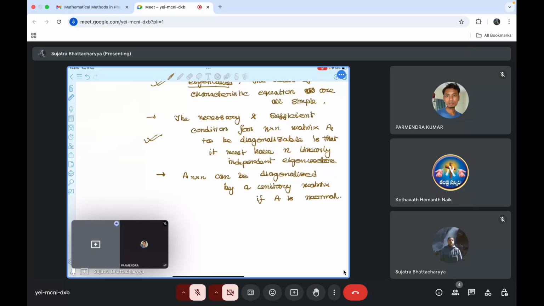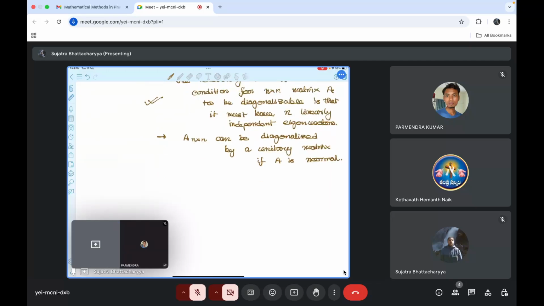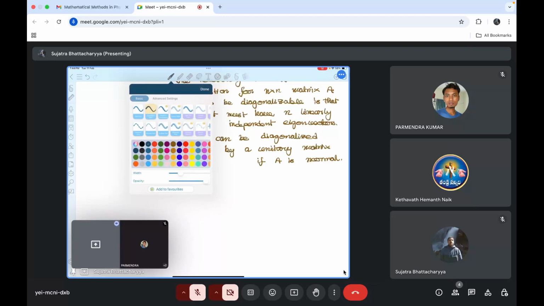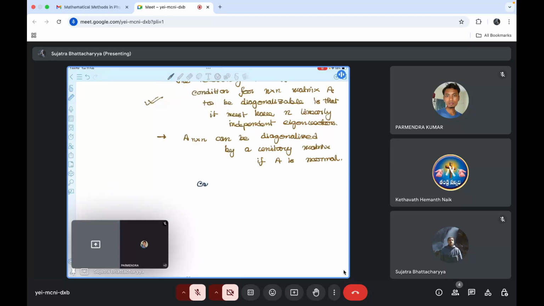Okay. And finally, there is a theorem which I will not prove here. This is the Cayley-Hamilton theorem. Essentially, for an n by n matrix, A satisfies its own characteristic equation.